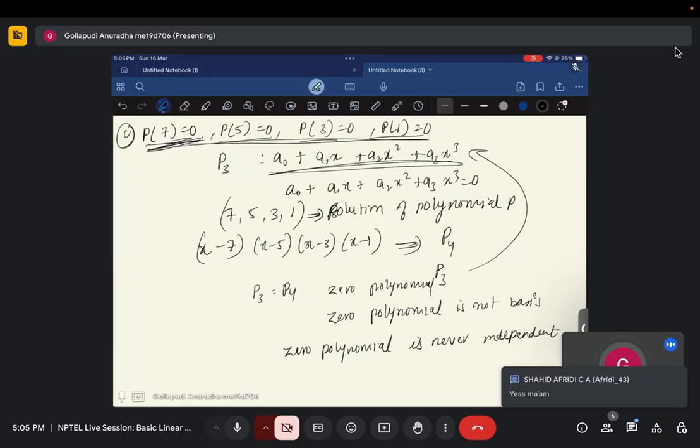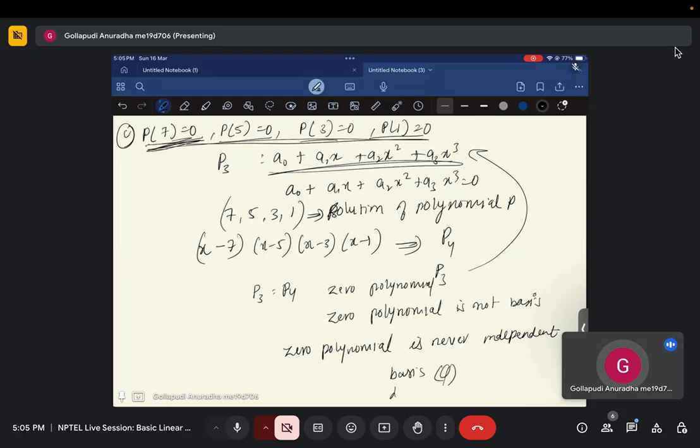Even if I am multiplying by a scalar, I am getting 0 again. If I am adding two zero polynomials, I will be getting 0 only. So basis means it has to be independent, but the zero polynomial is never independent. So this doesn't have any basis. The basis is the null set here, and the dimension is 0.